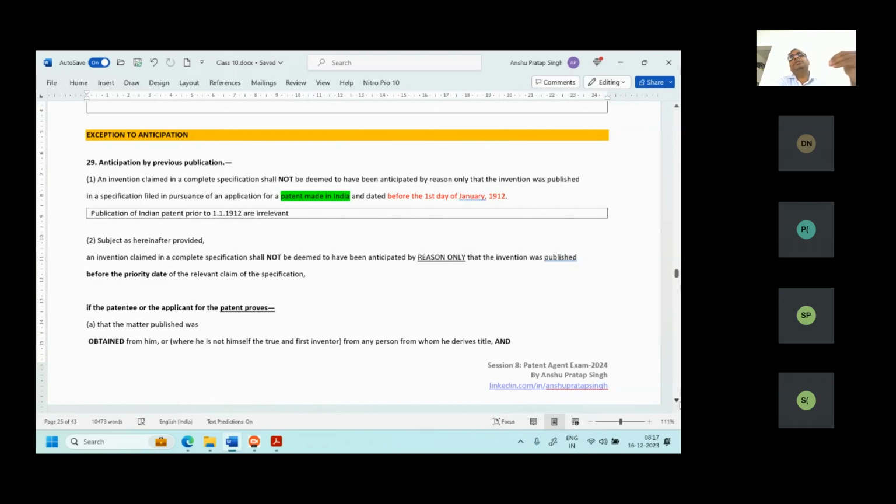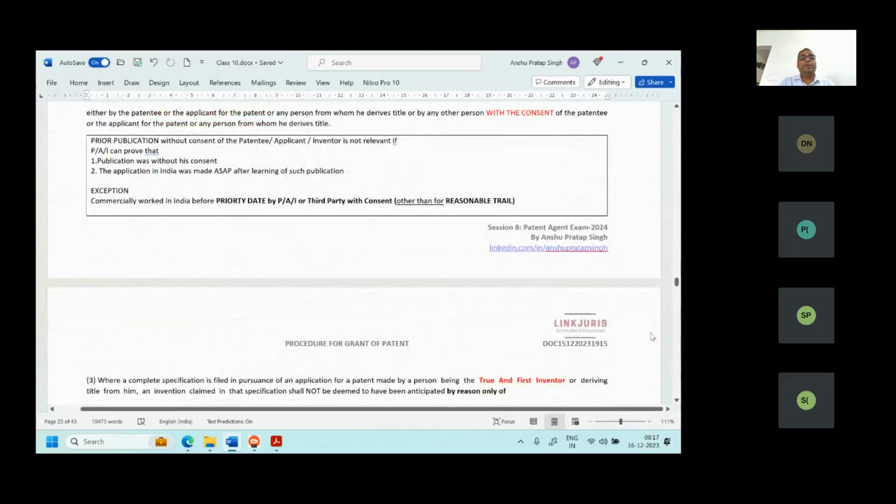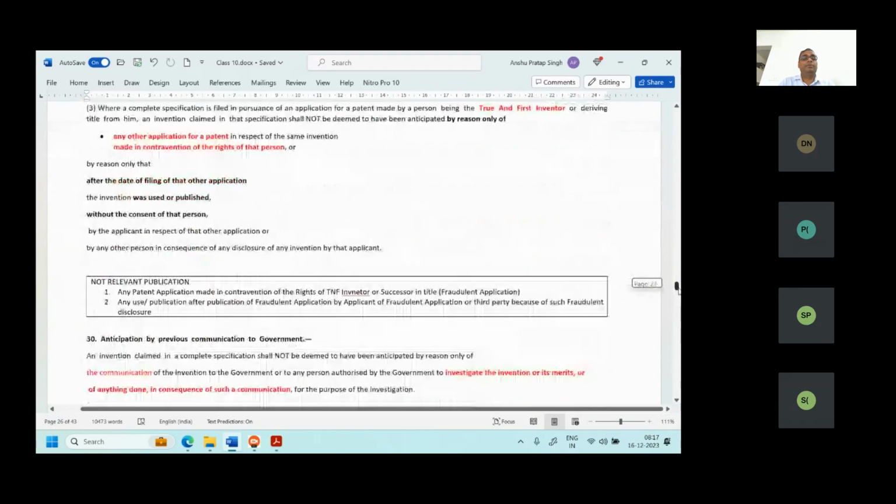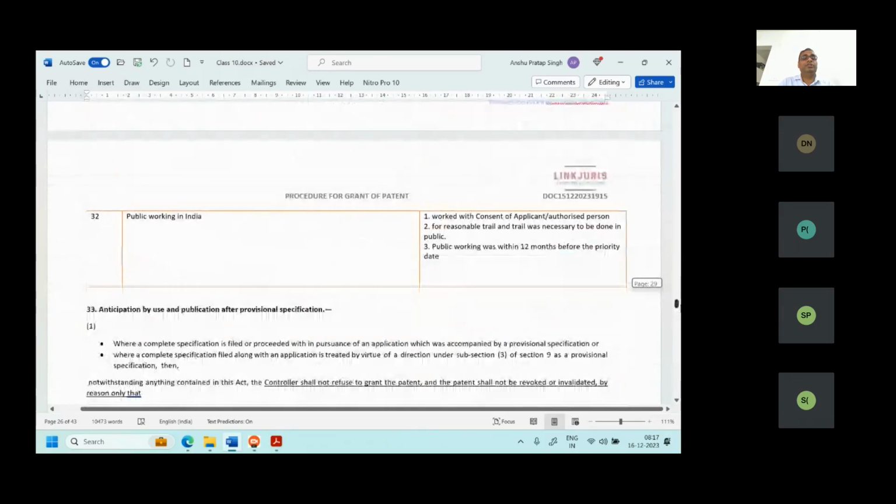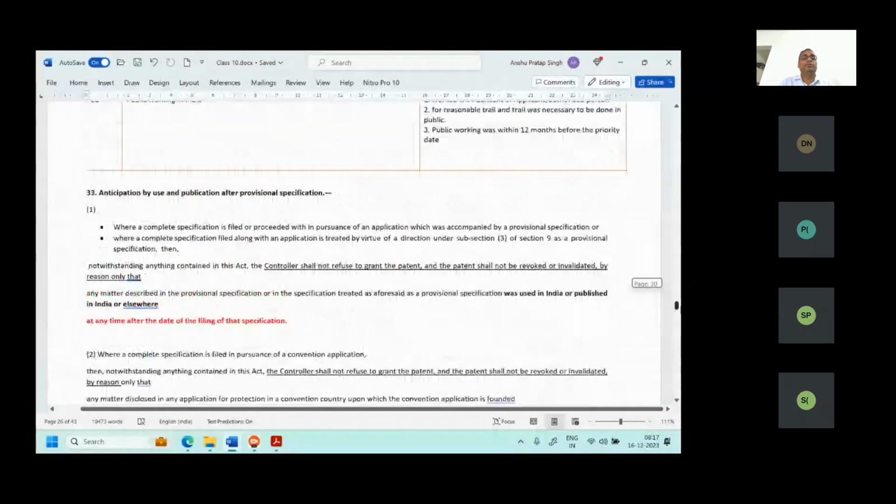Why is this exception to anticipation important? It is important not only for the novelty purpose, but because there are three lines they will be using again and again: refusal to grant the patent, and patent revocation or invalidation cannot be done under these provisions.